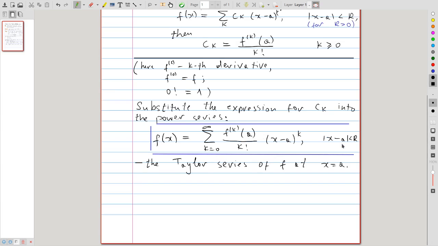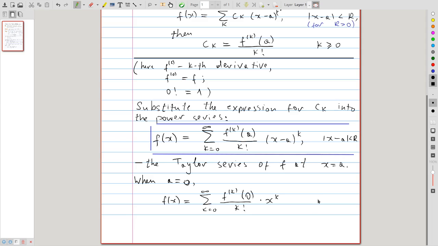It has an important special case when a equals 0. This formula here becomes f of x equals the sum k from 0 to infinity of the kth derivative of f at 0 divided by k factorial times x to the k.